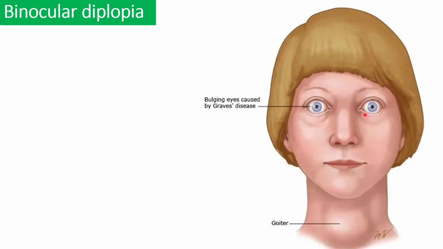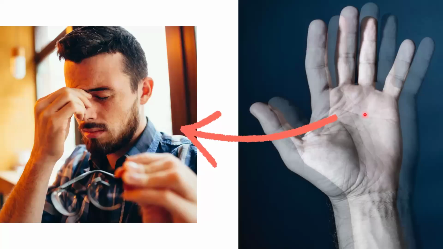So now we need to move to symptoms. Symptoms means what are those symptoms that you will observe in a patient who is having diplopia. First of all, we will discuss monocular diplopia symptoms, then we will go to the binocular diplopia symptoms. Monocular diplopia persists when one eye is closed, and the symptoms are usually related to issues within the affected eye only.